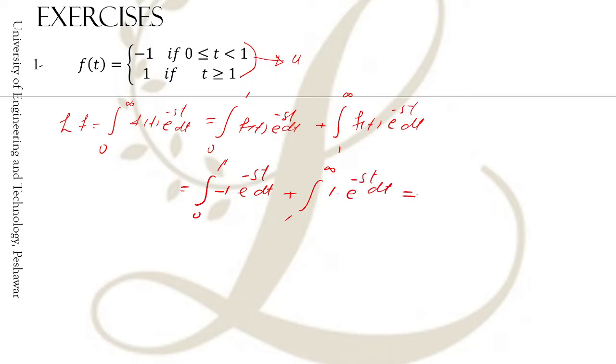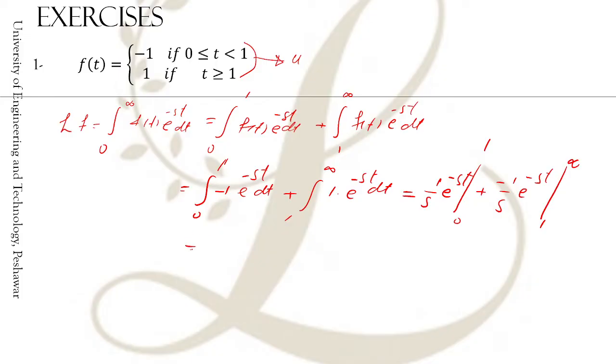Integrating, the first one would give you 1 over s e power minus st, limits from 0 to 1, whereas the second will give you minus 1 over s e power minus st, but the limits are from 1 to infinity.